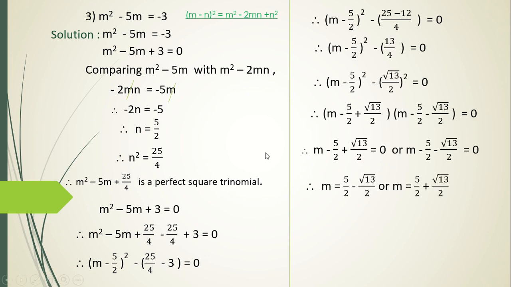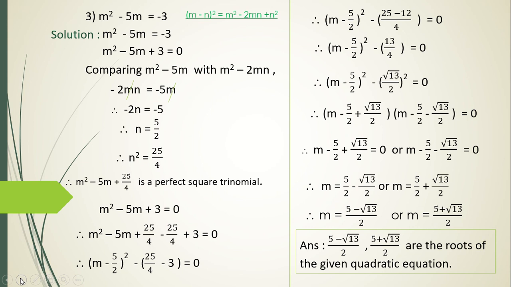So m is equal to 5 by 2 minus root 13 by 2, or m is equal to 5 by 2 plus root 13 by 2. These are the roots. So 5 minus root 13 by 2 and 5 plus root 13 by 2 are the roots of the given quadratic equation.